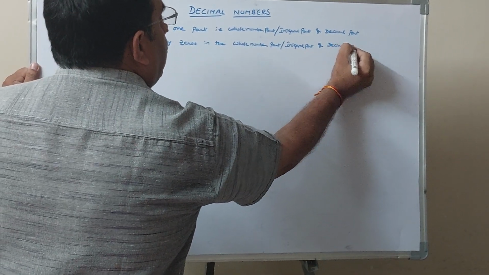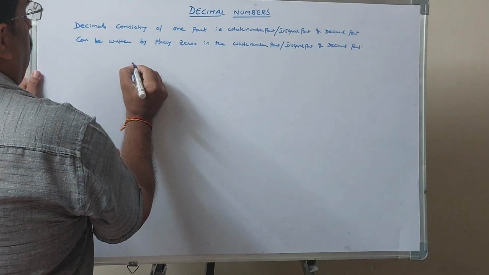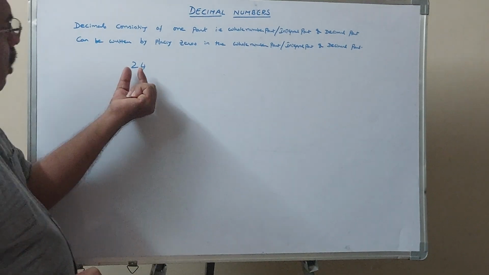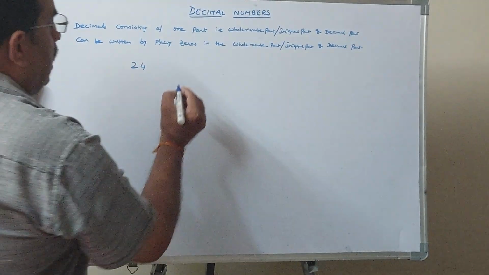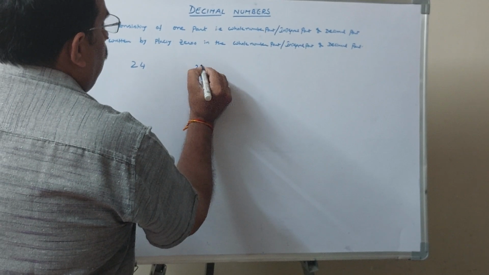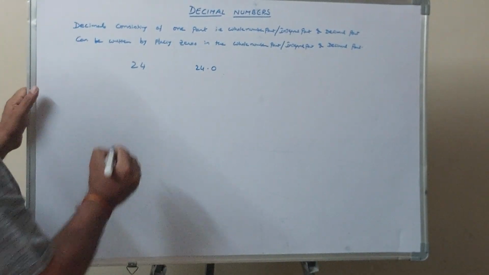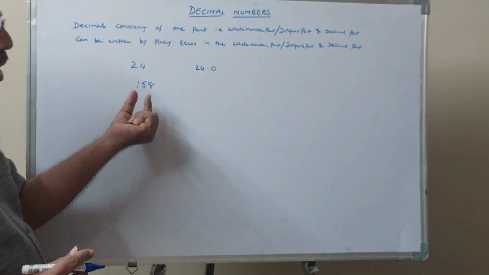How will we explain it here? Sometimes 24 is given. There is no decimal part, only a whole number part. How to write it in decimals? You see, 24.0. Here 158 is given. This is a whole number part.